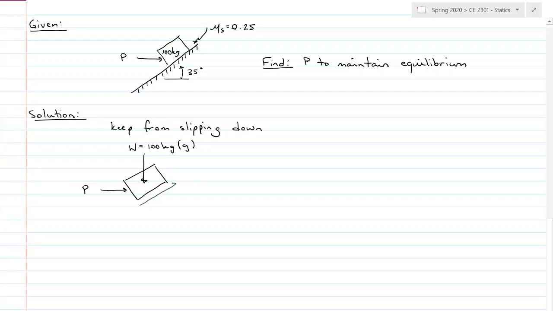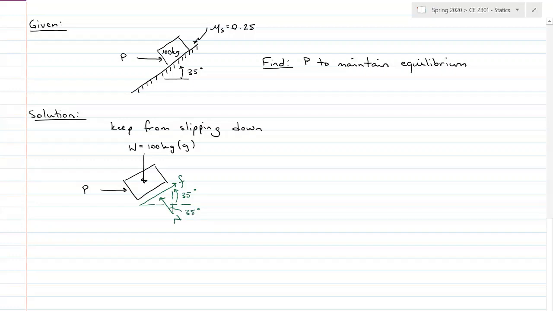Friction will be pushing up, right, if it wants to move down. And then I will have my normal force, which is acting perpendicular to the surface, which in this case is 35 degrees. So if I'm drawing some angles here, this angle here is 35 degrees, which means perpendicular to it would be this vertical angle, 35 degrees.